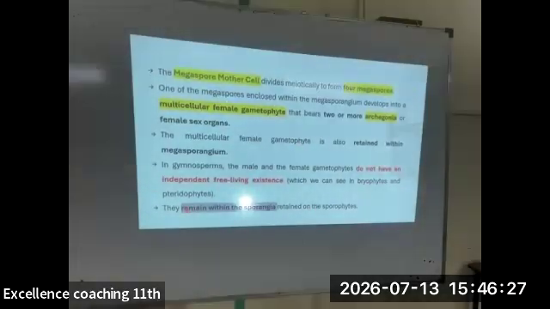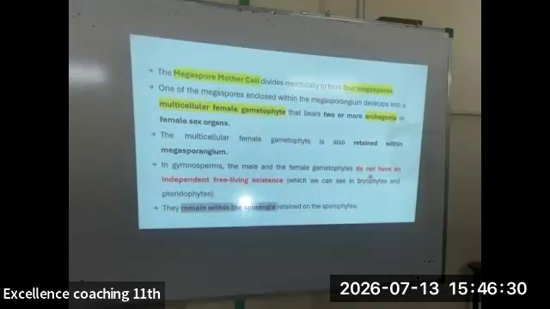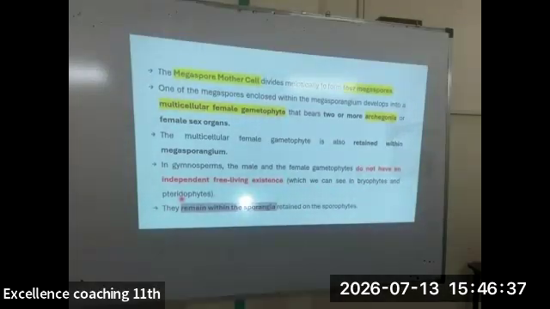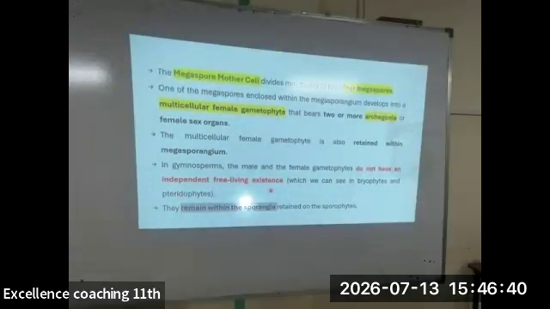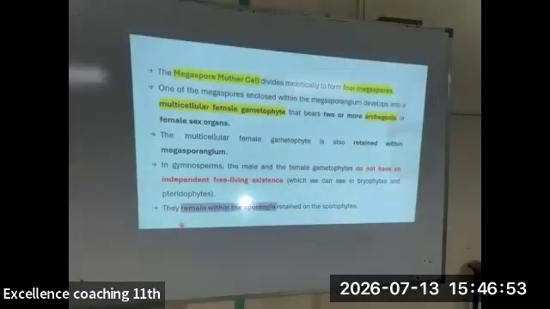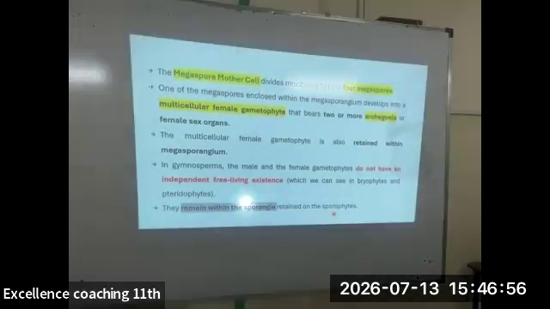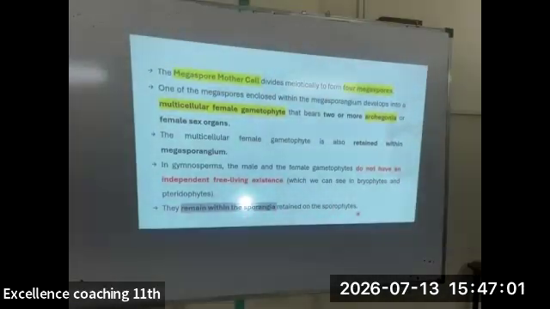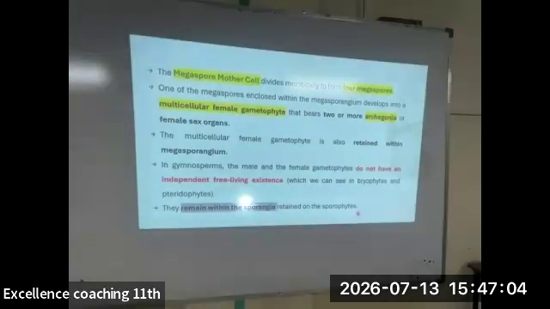Now, in gymnosperms, the male and female gametophytes do not have an independent free living existence, which we can see in bryophytes and pteridophytes. They are just a part of the plant. The entire thing is not called a gametophyte or sporophyte. They are just called sex organs. Okay, is it clear? So they remain within the sporangia, which are retained on the sporophyte.